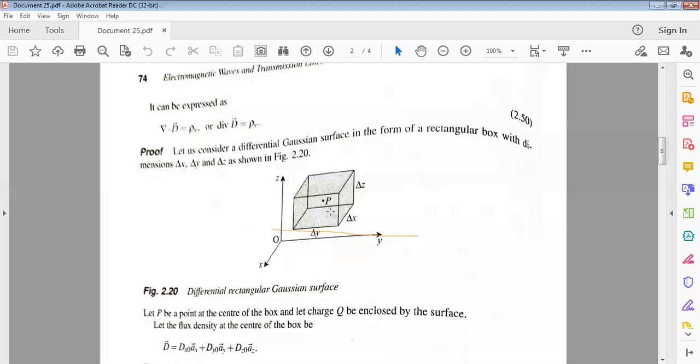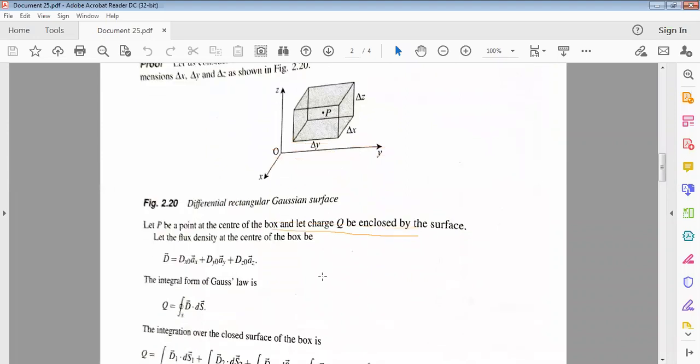Let P be a point, the center of the box, and let charge Q be enclosed by the surface. Let the flux density at the center of the box be D equal to Dx, Dy, Dz in the directions ax, ay, az.